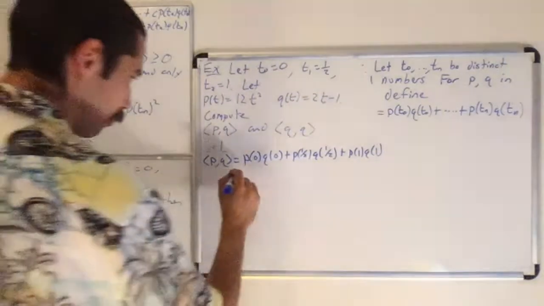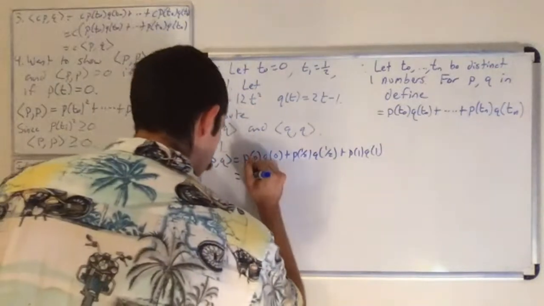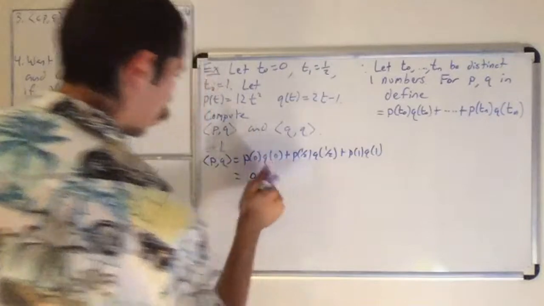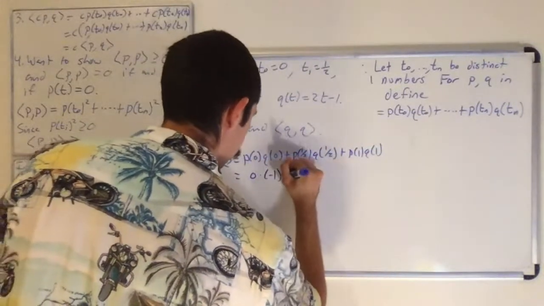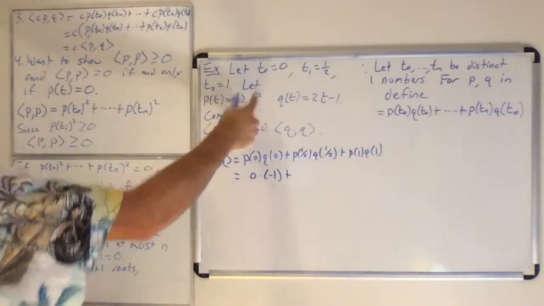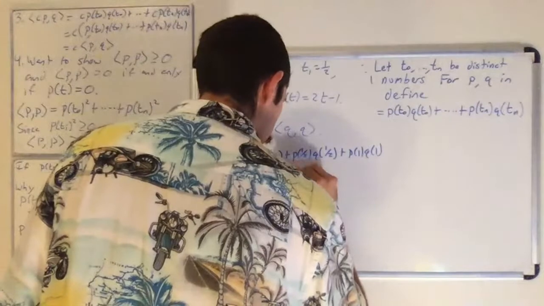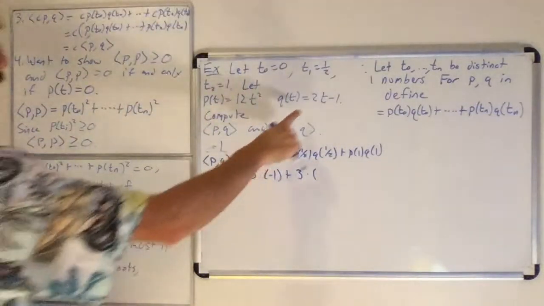All right, now we can just evaluate these. P of 0 is 0. Q of 0 is -1. P of 1/2 is 3. Q of 1/2 is 0.